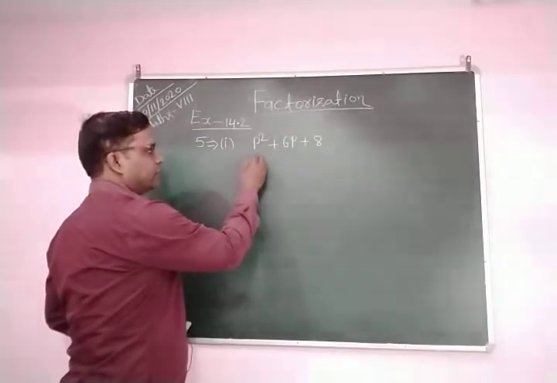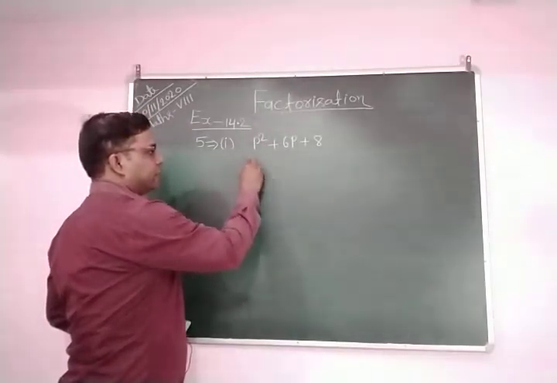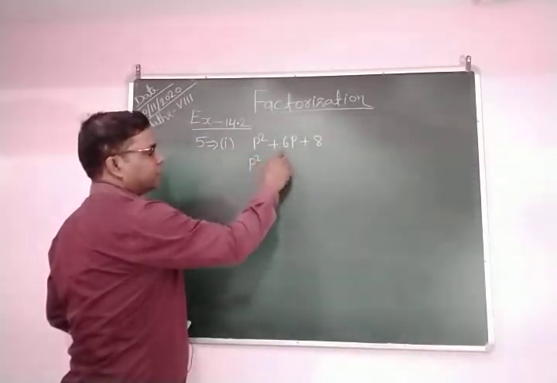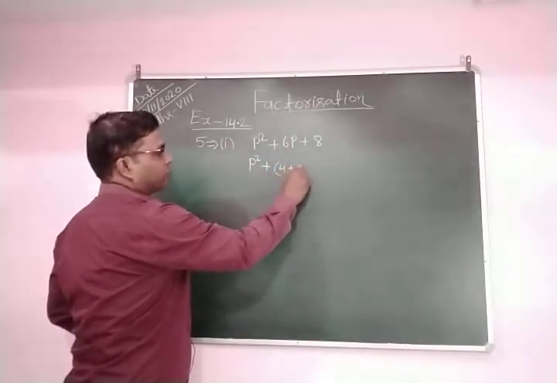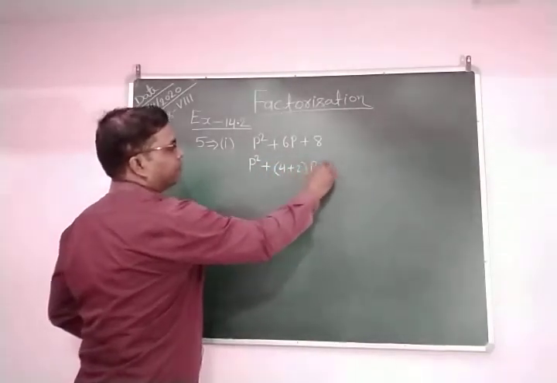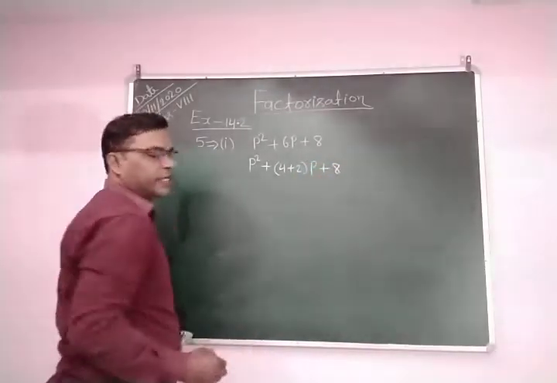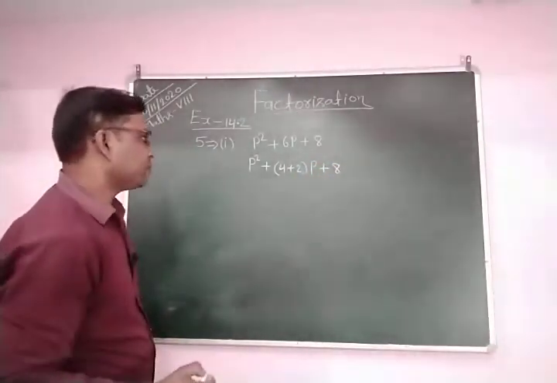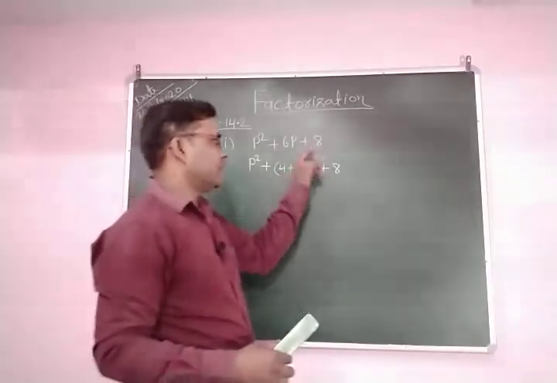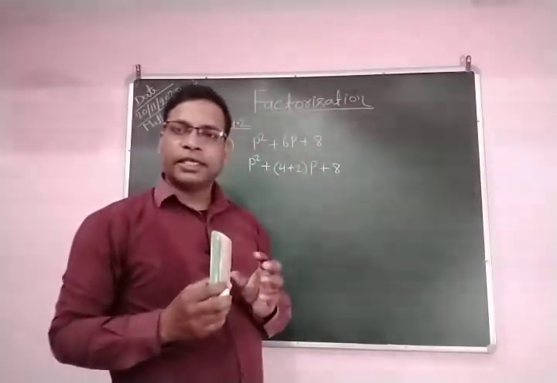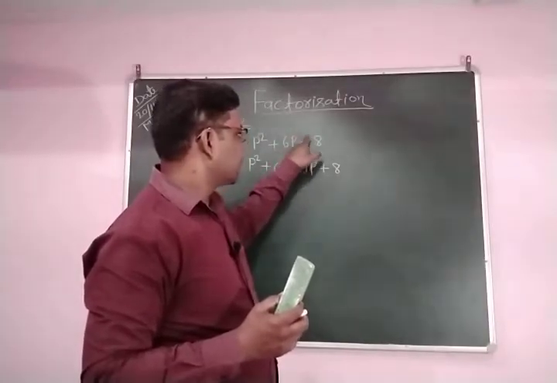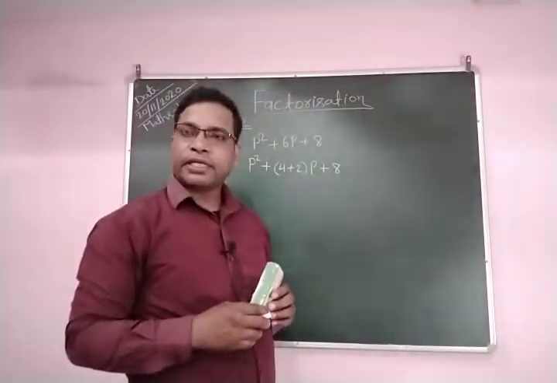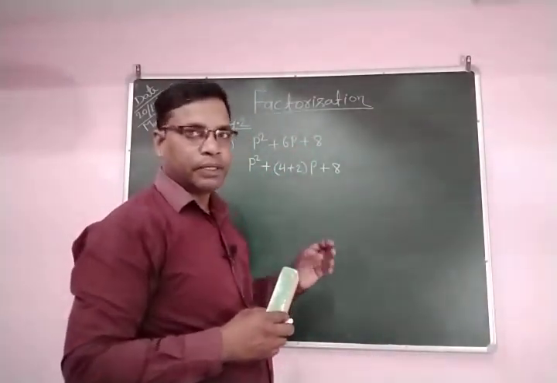Here you write p square plus 6, and you can write 6 as 4 plus 2, p plus 8. Clear? In this way you find the factors of 8 such that their sum is 6. Why their sum? Because the sign of the constant term is plus.